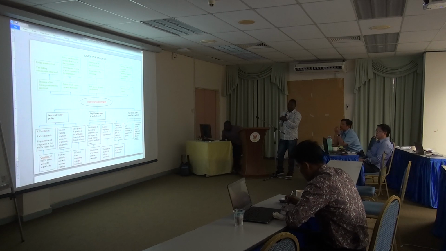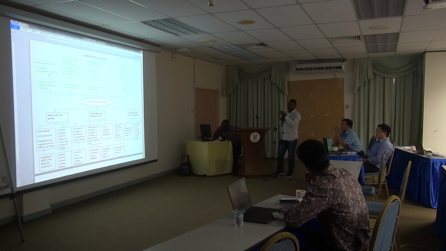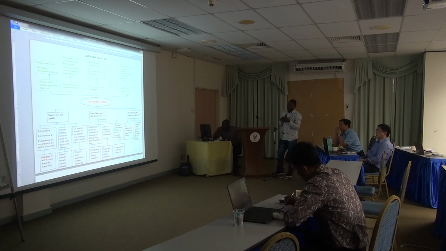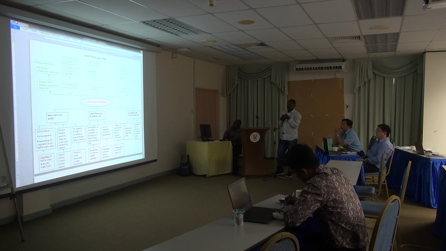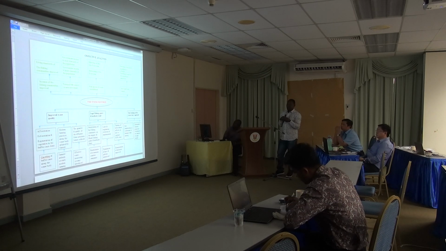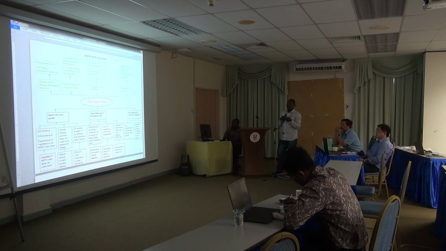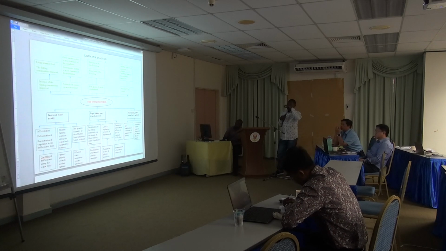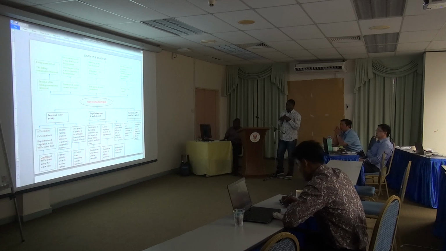By sensitizing the fishing communities on the impact of the illegal fishing gears, and by also having laws and regulations reviewed and implemented. Remember, somewhere in the problems we said that our laws are obsolete and not deterrent enough. So by reviewing our laws, we'll be trying to answer that problem.